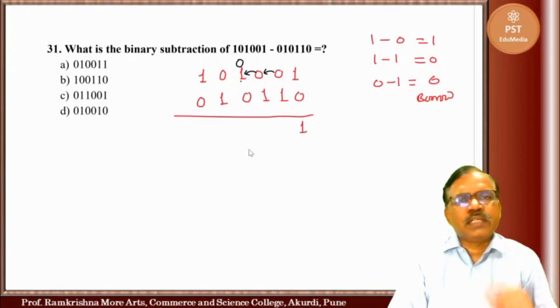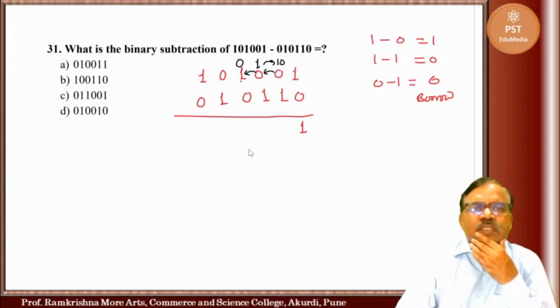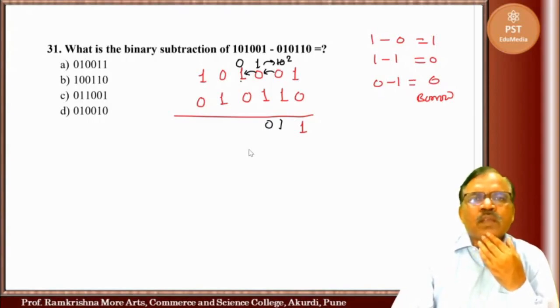So when we borrow this here, we get 0 here and 10 here. 10 means decimal 2, so we keep 1 here and borrow here, so we get here 10. 10 means it is 2. So 2 minus 1 is 1, 1 minus 1 is 0, and 0 0.